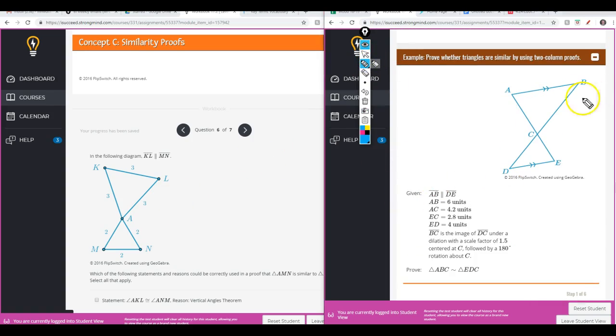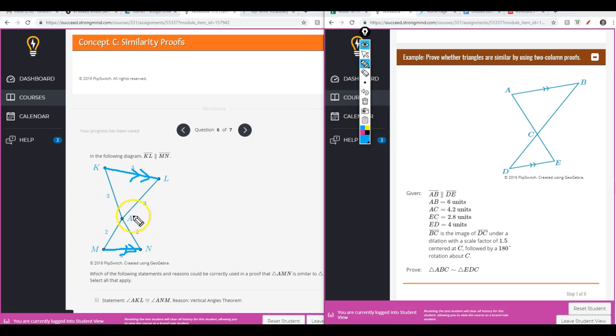The reason I'm saying this is similar is because it says that segment AB is parallel to segment DE. Well, they say right here that segment KL is parallel to MN, so that means we could put those chevron markings right there. I know it's not drawn to look like it. We did that on purpose. However, that is the given information.